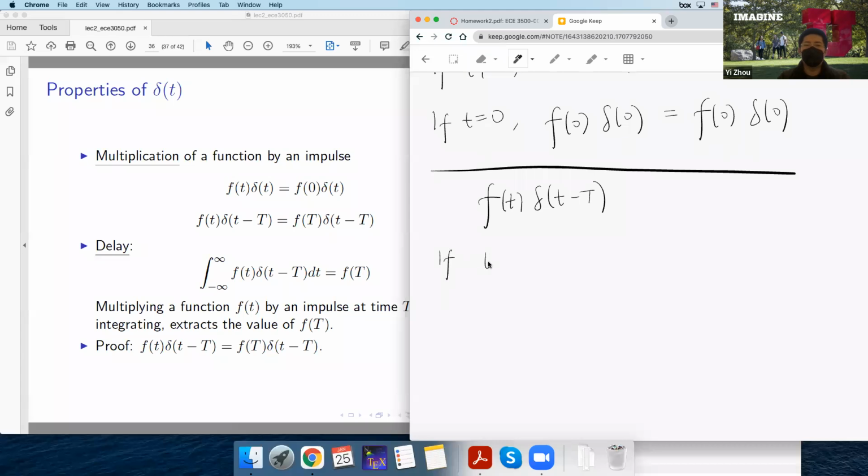Because the impulse is shifted, when we discuss this impulse function, we need to look at t minus capital T. If the entire input variable of this delta function is non-zero, then we know that this impulse is 0.